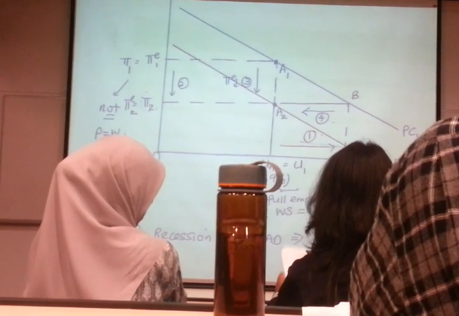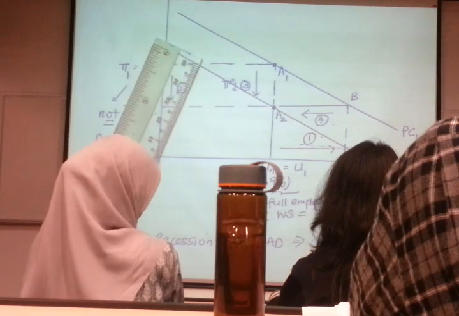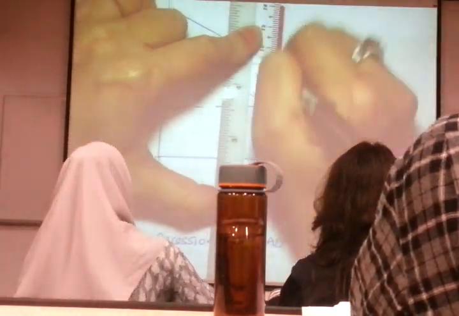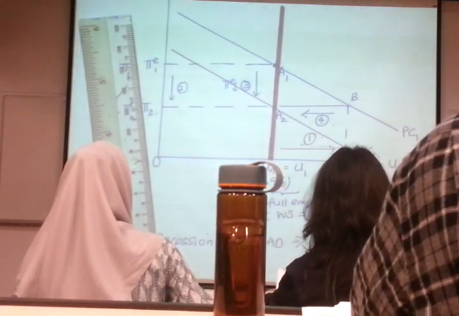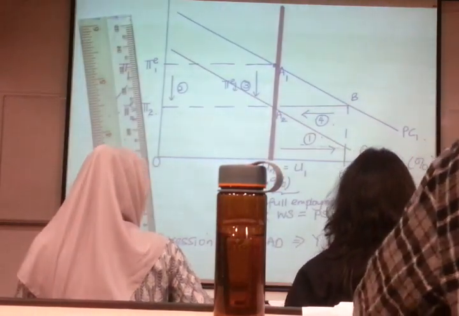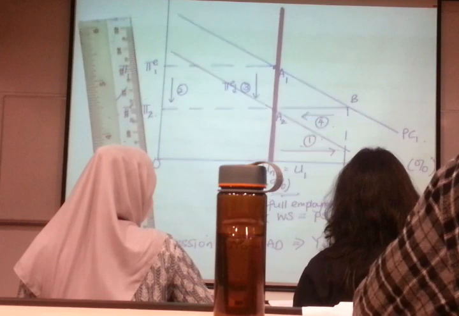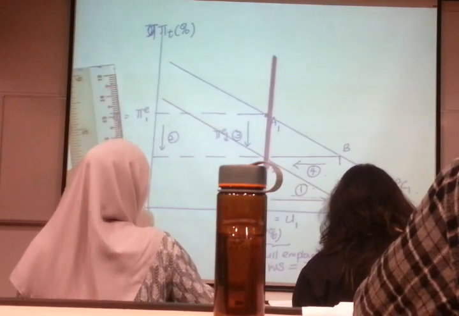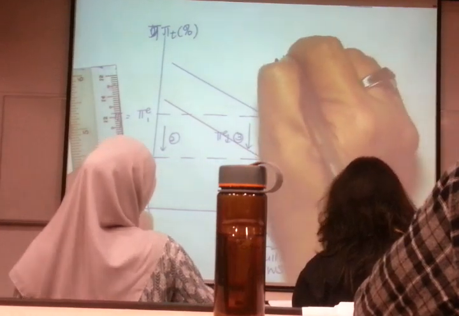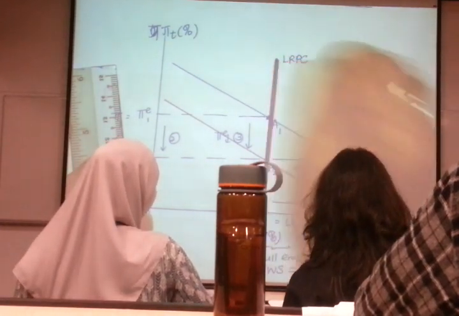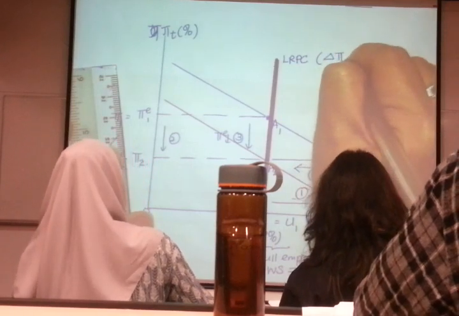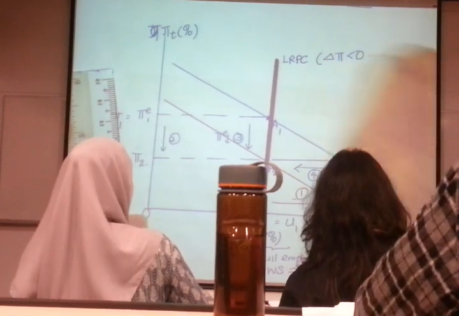Okay, then of course, if you want to join up A1 and A2, okay, and that was your long run Phillips graph. Again, you can see change in pi was negative.